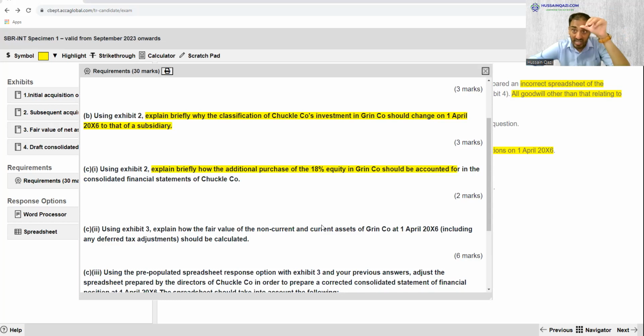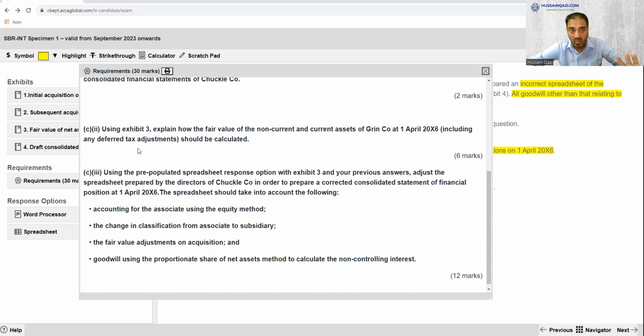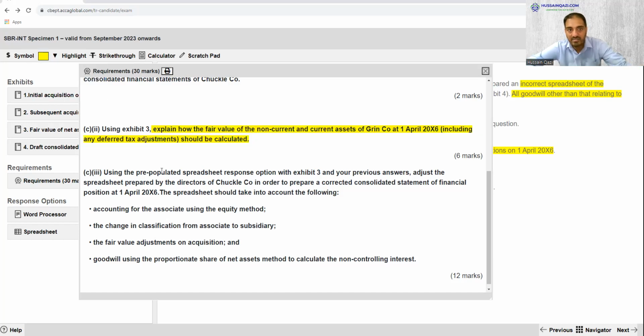So C1 is about accounting. C2, using exhibit 3, explain how fair value of non-current and current assets at 1st April X6, including deferred tax adjustment, should be calculated. That's the point. Fair value adjustment including deferred tax.